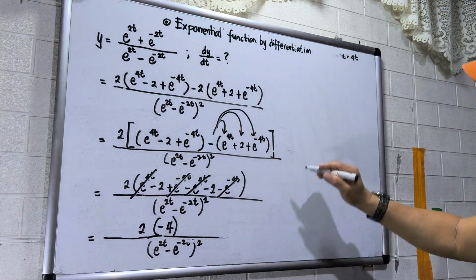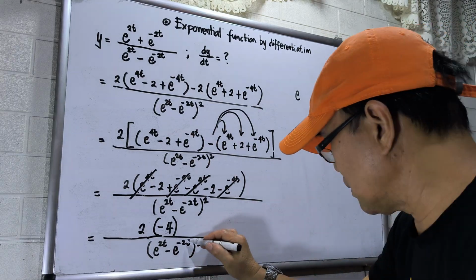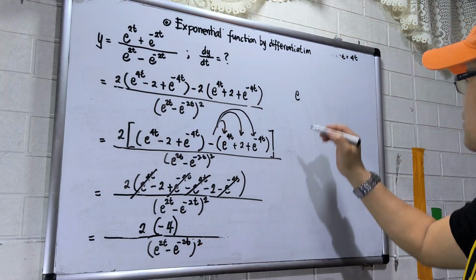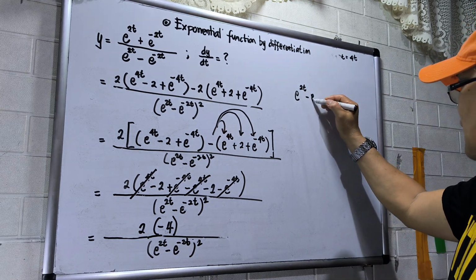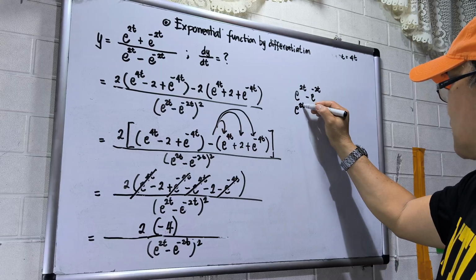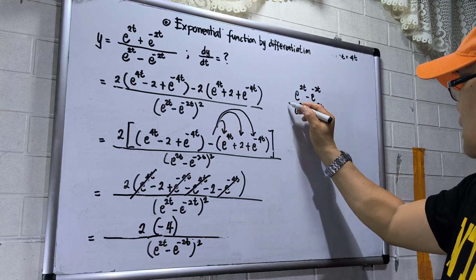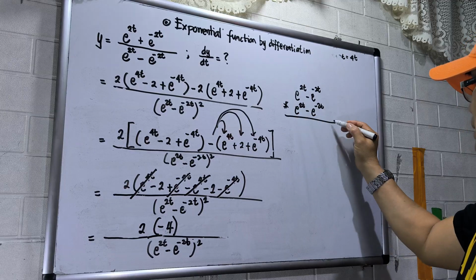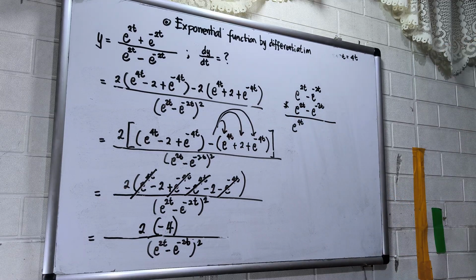How about the denominator? So, let us multiply this one, because this is squared. So, e to the 2t, then minus e raised to the negative 2t, times e raised to the 2t minus e raised to the negative 2t. This is multiplication. So, e raised to the 4t because you have to add the exponent.